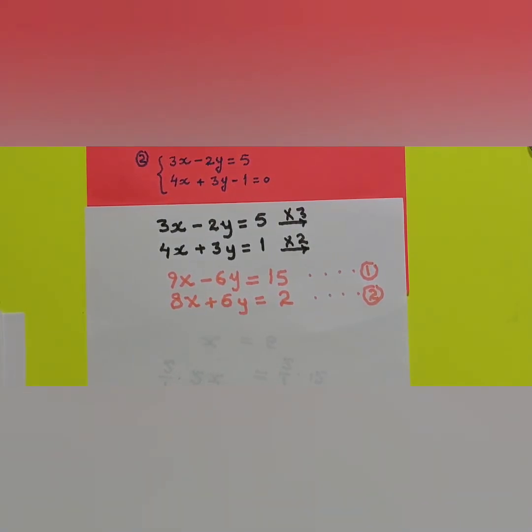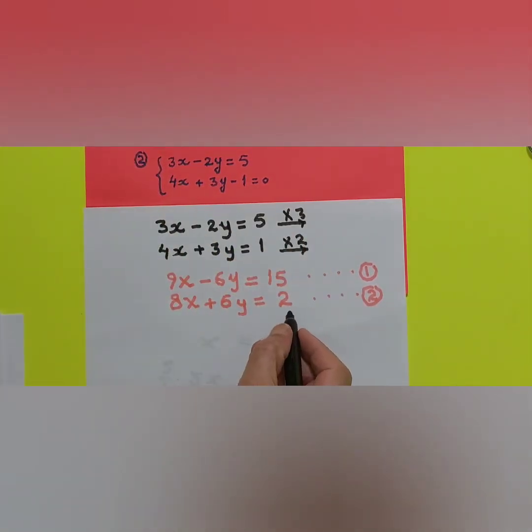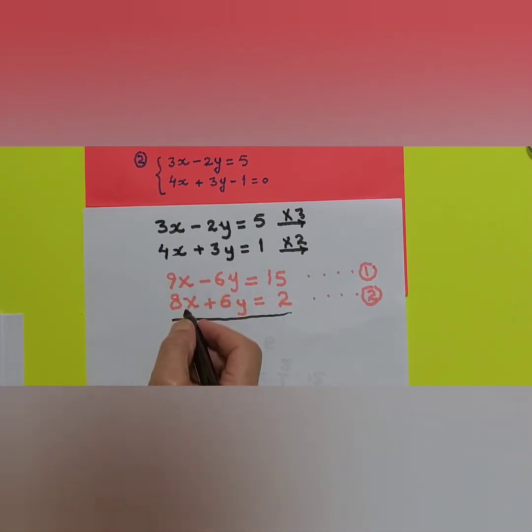Okay, these two forms, now we can just add the two equations together. When you add two equations together, you see here minus 6y and here plus 6y, they will cancel together. This will be written as, by adding, I will draw this line here and write the result of adding.